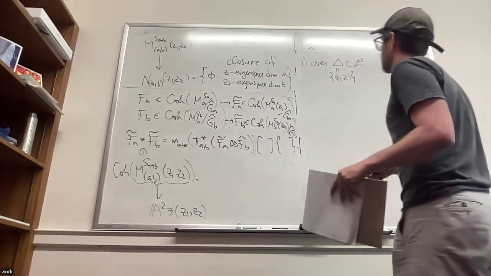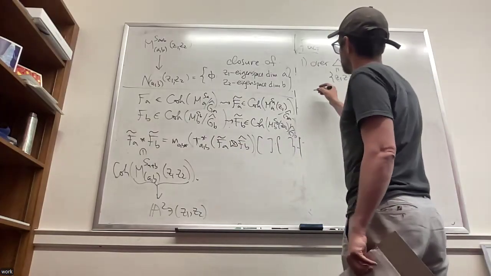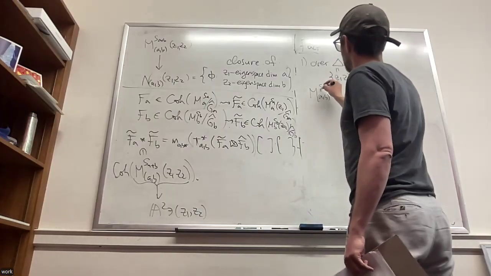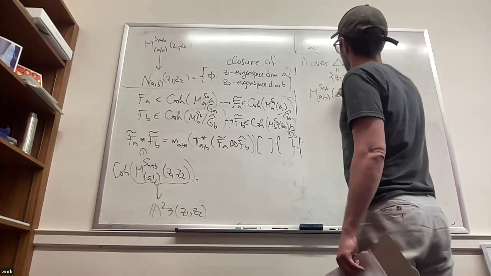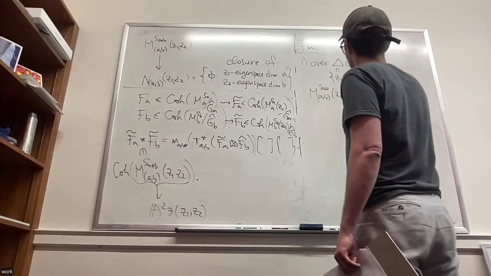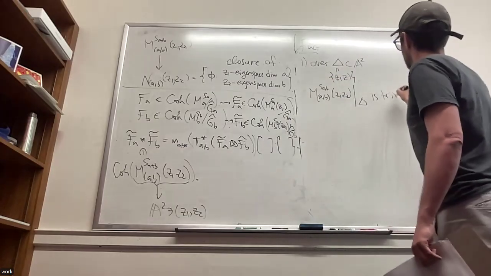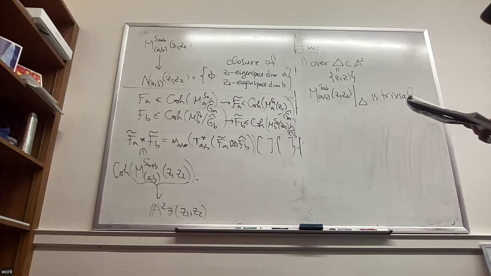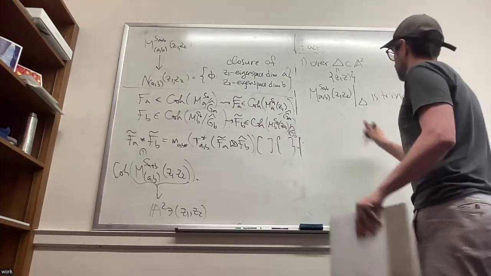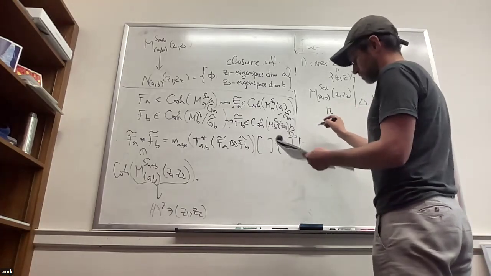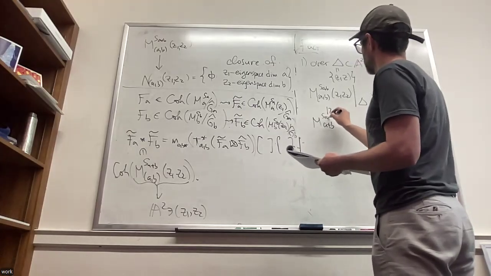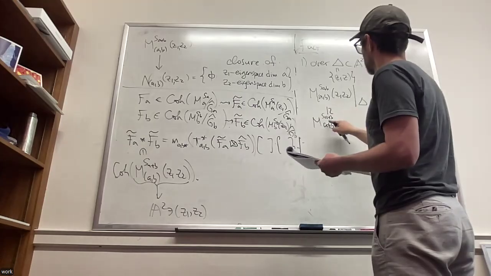This family is trivial. So M_{A,B} restricted to the diagonal is trivial. In other words, it's isomorphic to just the moduli space we were interested in originally.